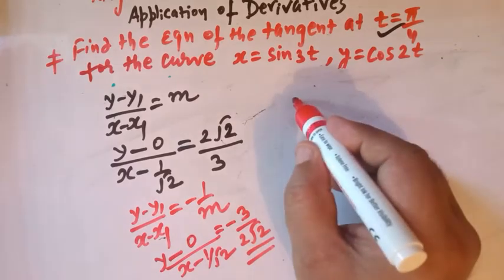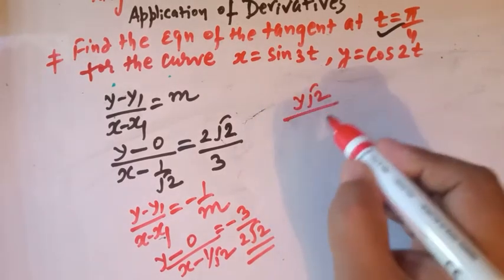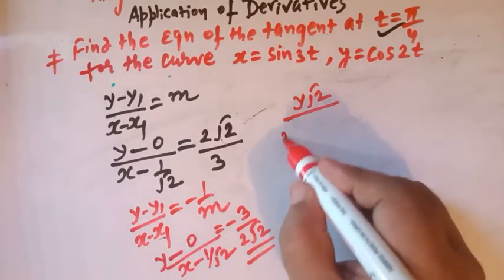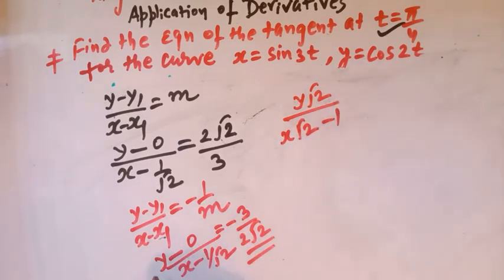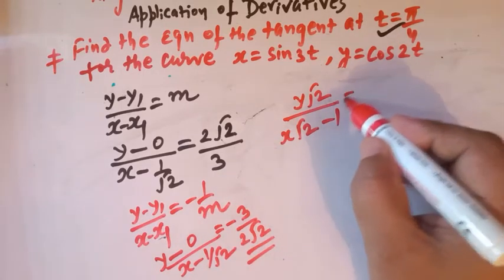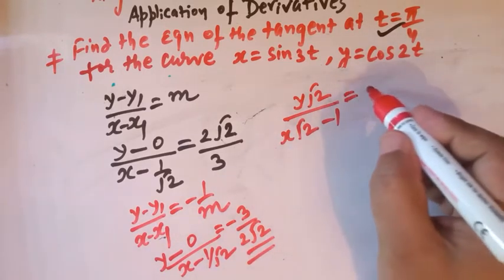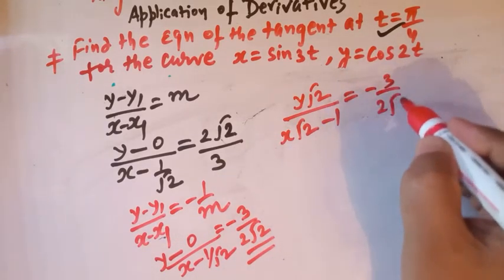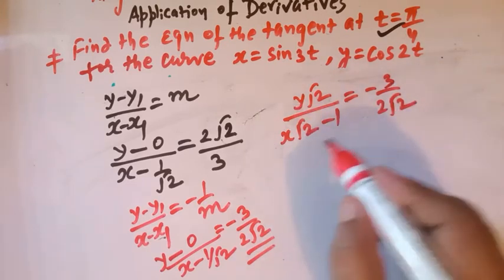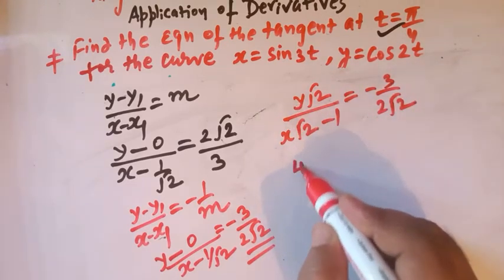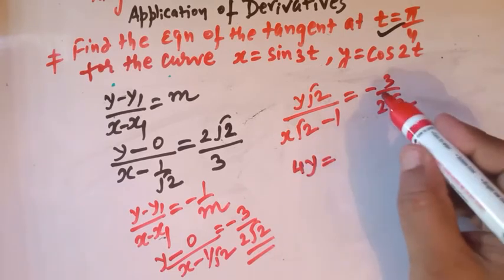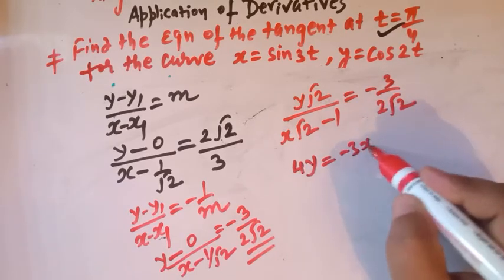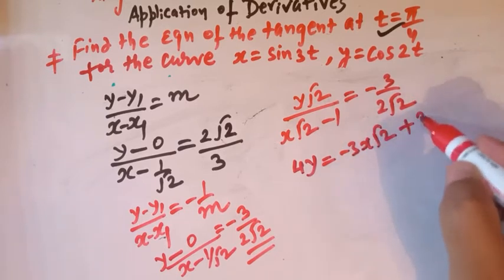So we have y root 2 multiplied, this is x root 2 minus 1, and this root 2 will go to the denominator, y root 2, and here we have minus 3 over 2 root 2. Now cross multiplying it, we have 4y equal to minus 3x root 2 plus 3.